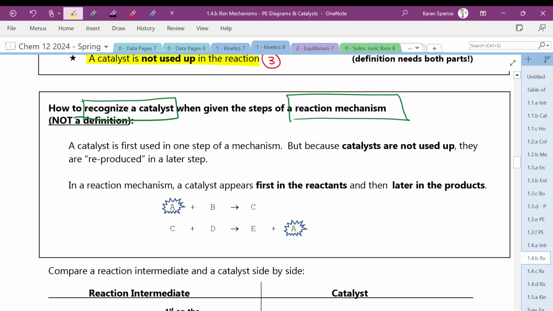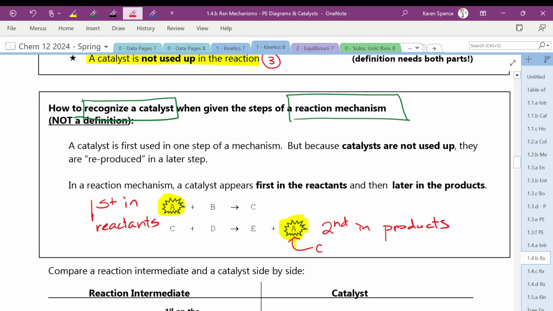The catalyst appears first in the reactants and then second in the products. And that's how you can tell it's a catalyst, because it comes out again, so it can be used again in another reaction.